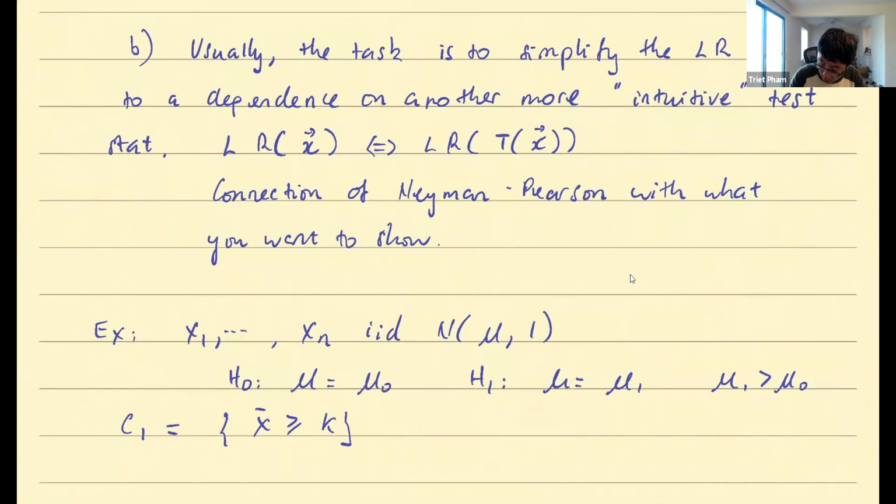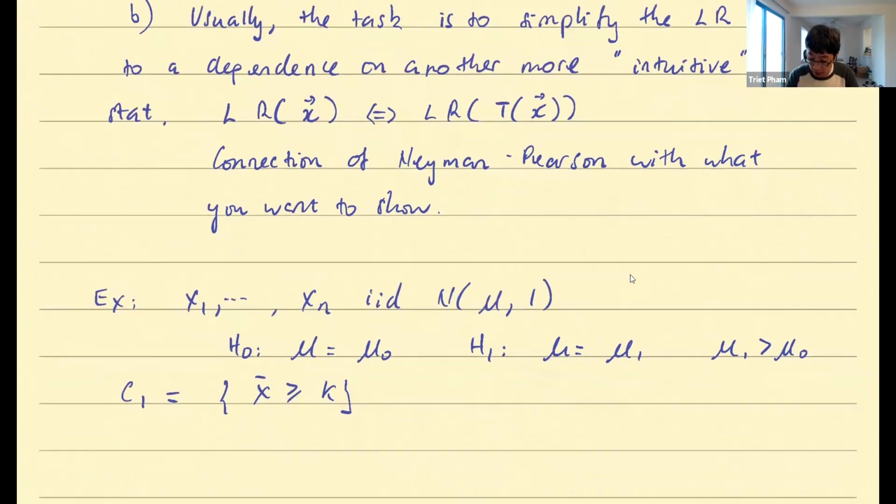Here, X bar is exactly that intuitive test stat that I'm talking about. Why is it intuitive? Because someone experienced with estimators would say, you're testing the population mean, so obviously to make any statement about it you use the sample mean, which is its estimator. And because mu1 is bigger than mu0, you would reject if the sample mean, being representative of the population mean, is high enough. That statement is very intuitive.